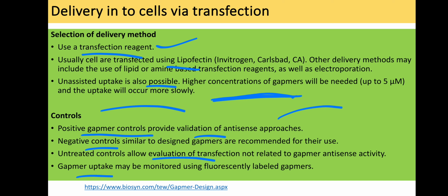Gapmer technology is also checked by some fluorescence-level elements, because the gapmer is designed between the first and second generation, or the third and second generation. So the gapmer is just a hybrid technology of two different nucleotide types.